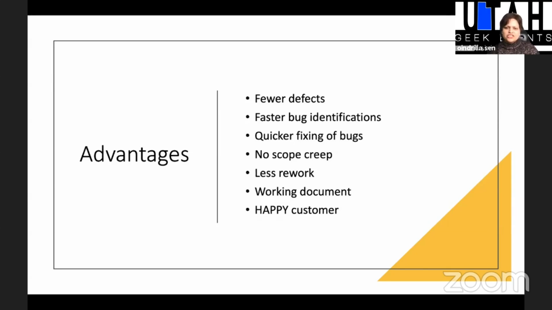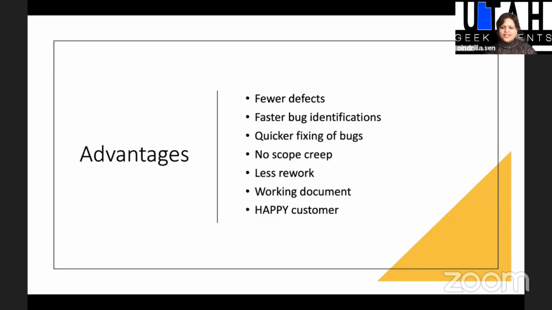So the collaboration is much better. So definitely there's quicker fixing of bugs. And of course, there's no scope creep because you were involved right from the beginning. You had massive collaboration, so you know exactly what is to be expected from the application. So there is less scope creep and definitely less rework.